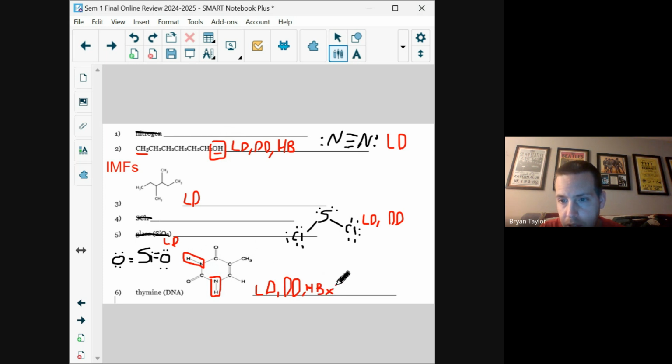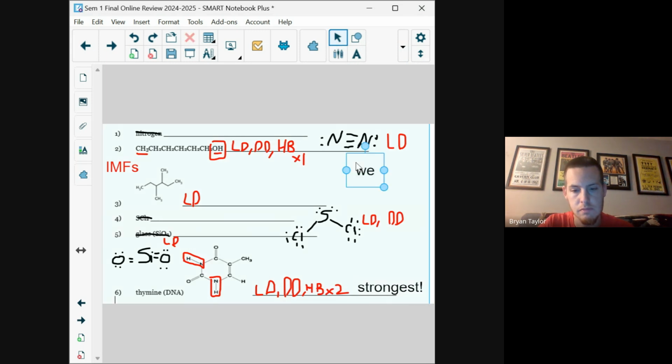I'm going to put ×2 on this one and ×1 on here, so you can see that this one's the strongest, and this one's the weakest. It's the smallest. This one's way bigger. Oh, that one's also a dipole. That's not symmetric. I apologize, I missed that.